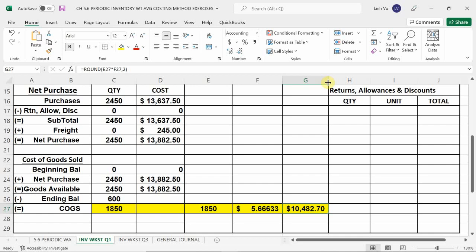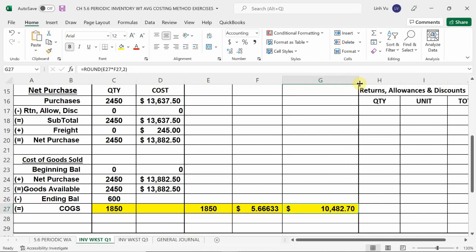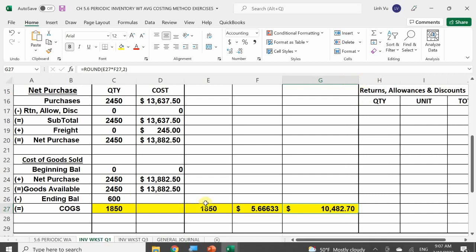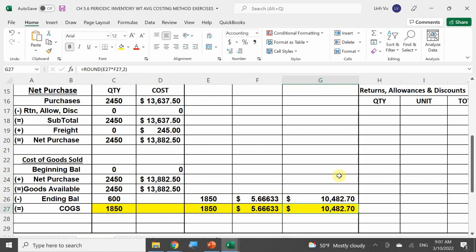This number is rounded, right? And I'm going to show you this. Let's compare the difference if I choose to unround it. If I just did my simple calculation and displayed my information like this, my Excel tells me I got the same answer, but not really.